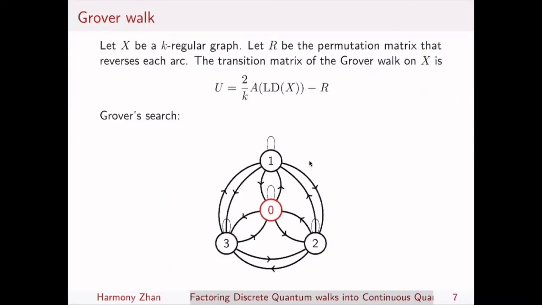Okay, so now I can give a more combinatorial definition of the transition matrix. In this talk, I will focus on regular graphs only. For any regular graph, U is equal to 2/k times the adjacency matrix of your line digraph minus R. K here is the valency, and R is the permutation matrix that maps AB to BA.